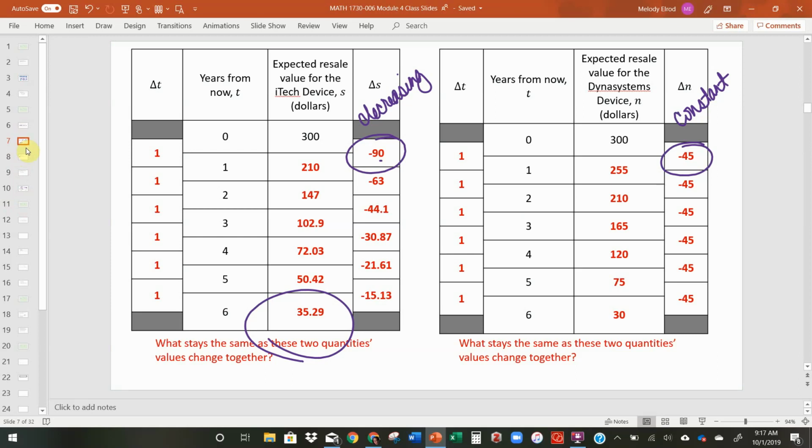If you recall in class, we talked about the fact that the ITEC device does not have a constant rate of change. In fact, it has a decreasing change as the years go by.